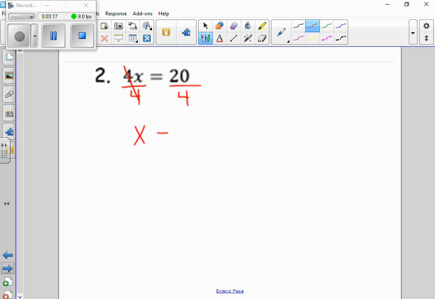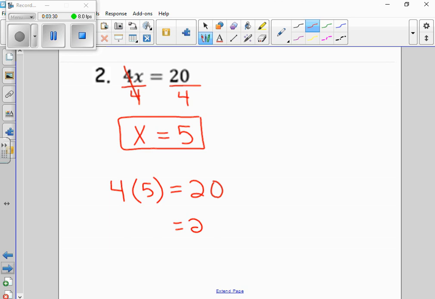So I have 1x is equal to 20 divided by 4, which is 5. And again, if you want to check your answer, just check out 4 times x, which I just said is 5. See if you get 20. All right, which I did.